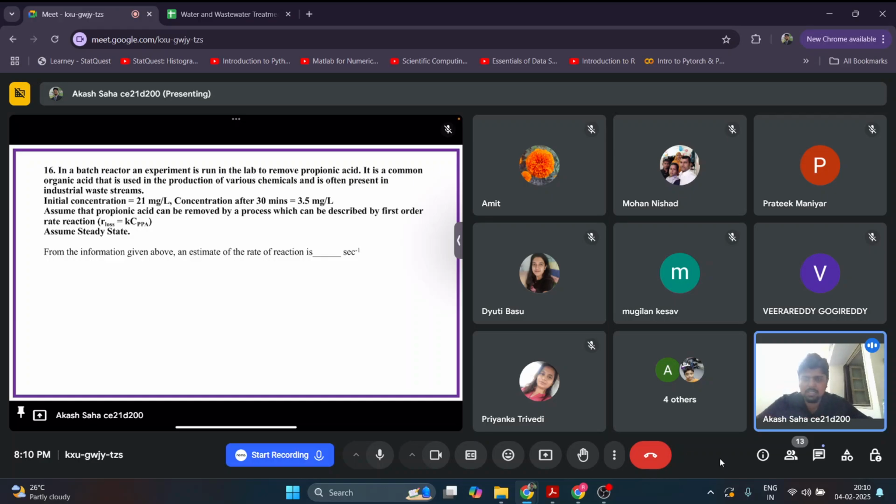So some information is given. So first it is a batch reactor.